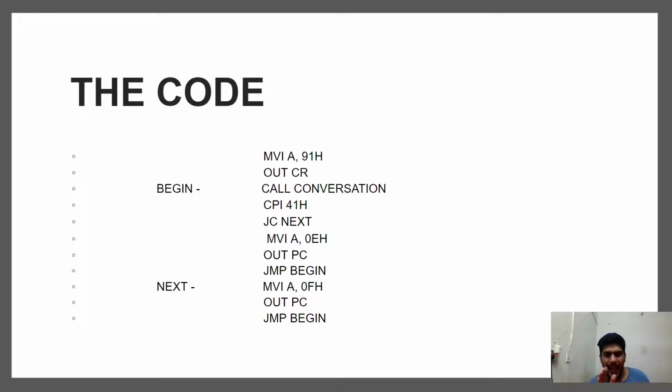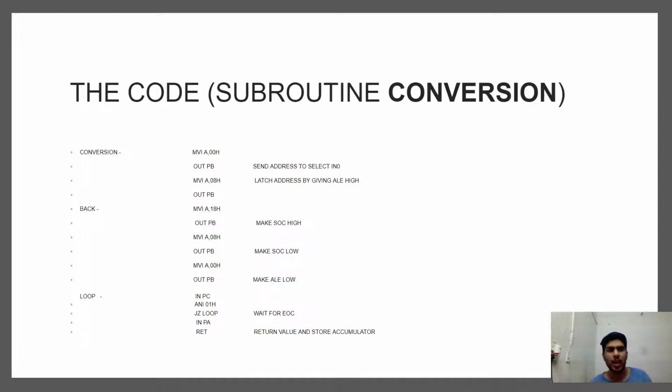Now we come to the actual code. The actual code is very simple. It requires only one subroutine, which is named here conversion, which is there on the next slide. This is the entire subroutine code, which I'll explain very briefly.